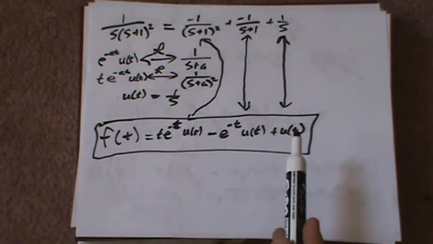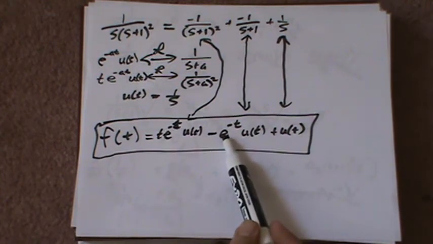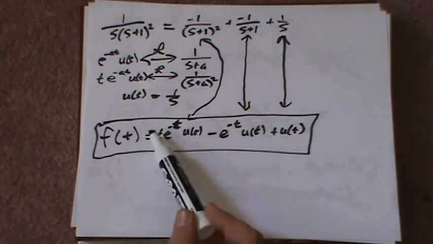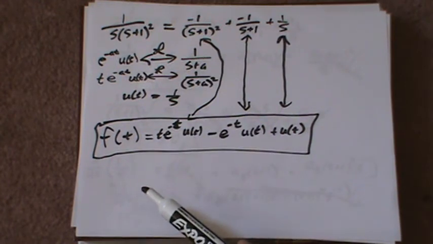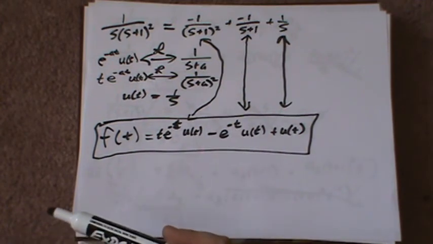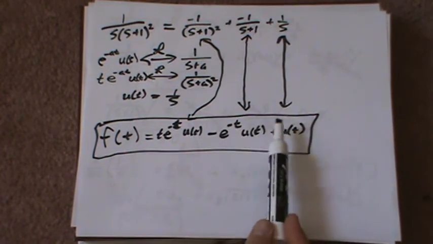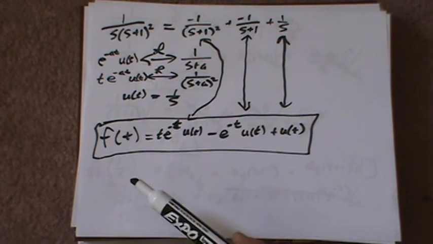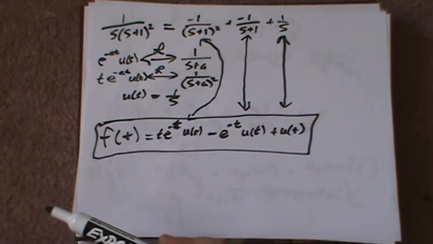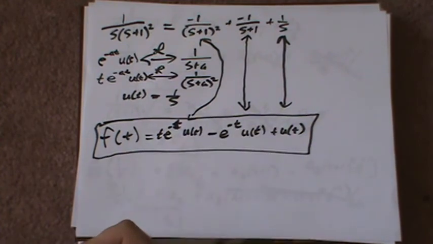Now, if you watch this one right here, since I've got a t times e to the minus t u of t and then e to the minus t, this is a critically damped response of a second order system. It's third order because I gave it a step input. So you can kind of consider this your initial transient response, then this is the forced one, and then this is the system's characteristic.